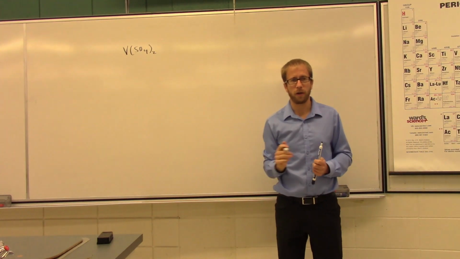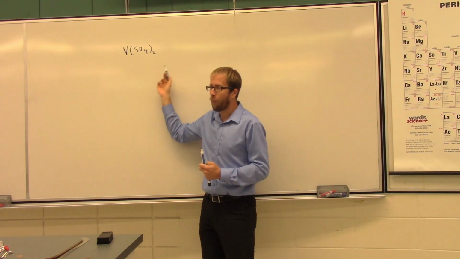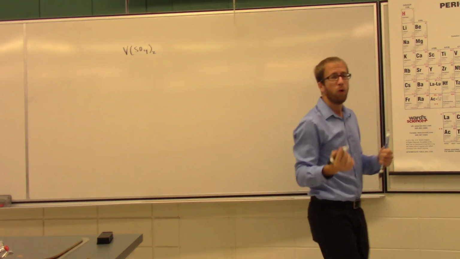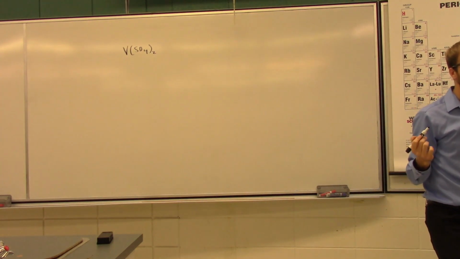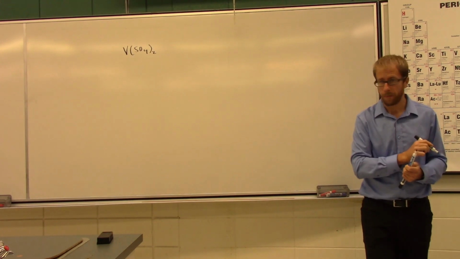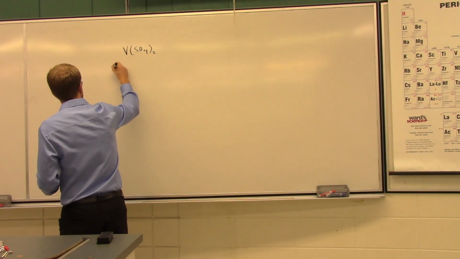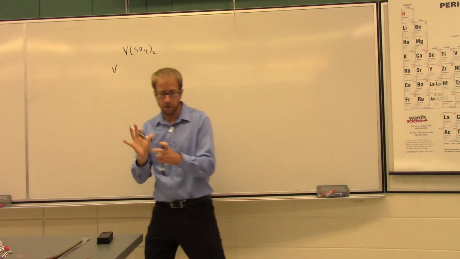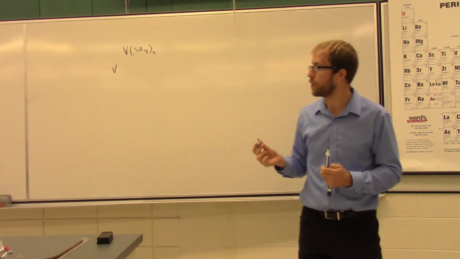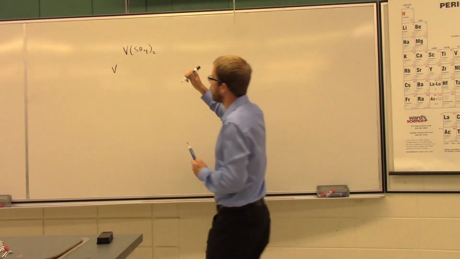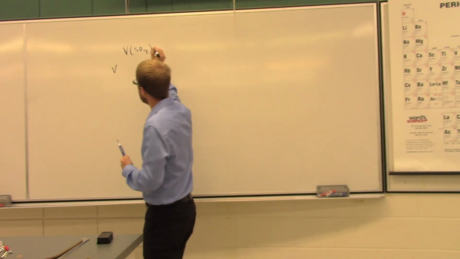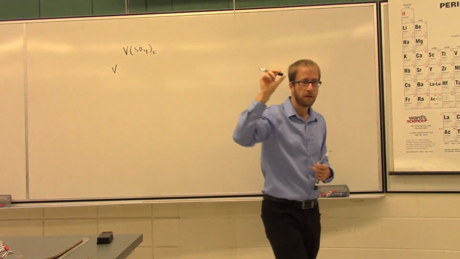Because we know the charge on our anion, and we know how many of each ion we have, we can work backwards to figure out the charge on our metal. And again, this is a challenging skill because we are reversing those questions and working backwards. So we don't know the charge on vanadium, but we do know the charge on this ion.